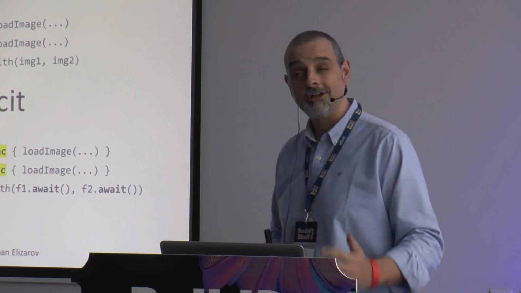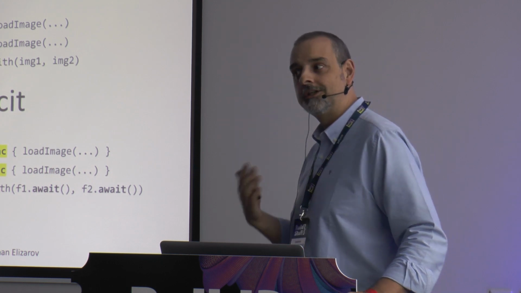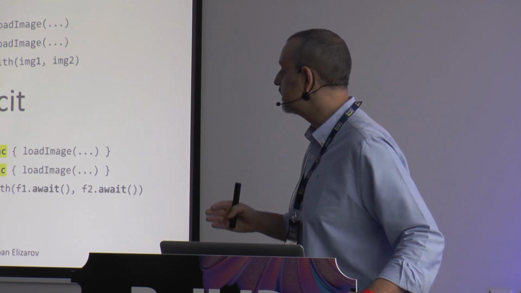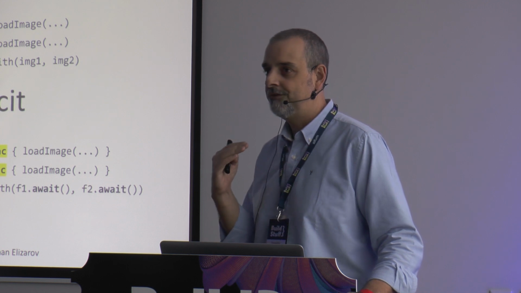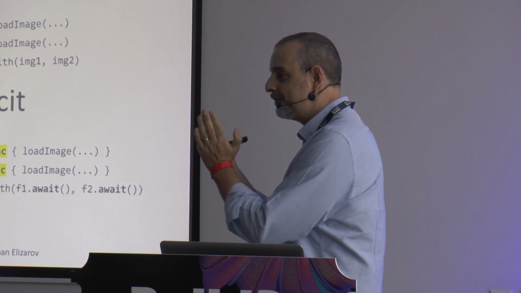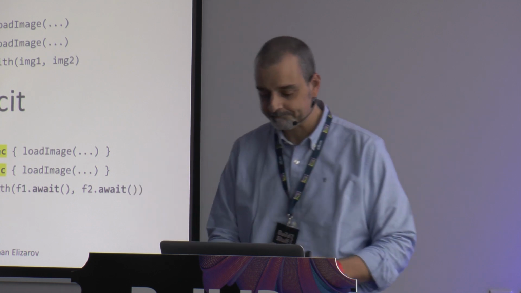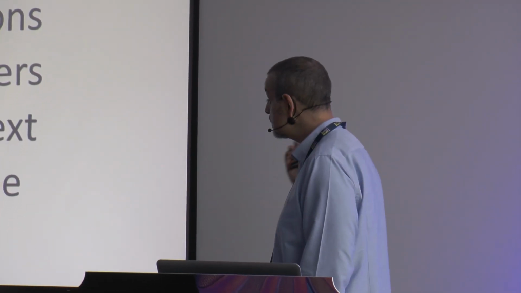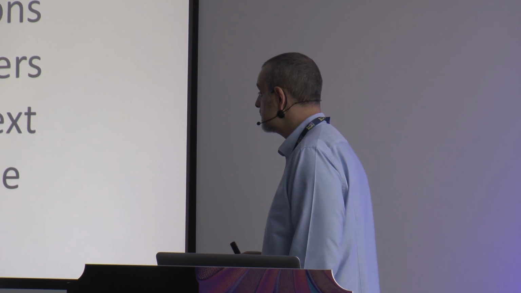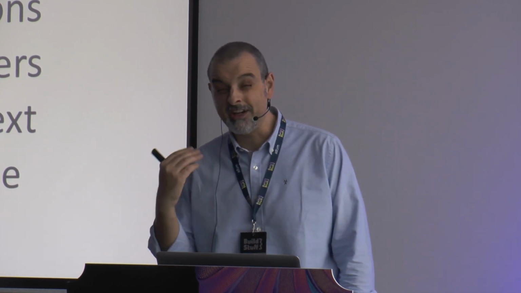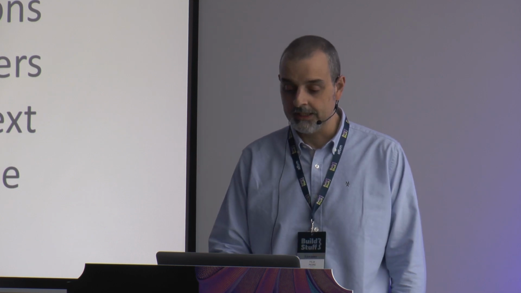Async await will not solve it. Coroutines will not solve it. So they decided to make concurrency explicit. If you want to have something in parallel with another, you have to be explicit about it. So, 4 core concepts around coroutines: suspend functions, builders, the context, and finally, a more recent concept, but a very important one, which is the scope.